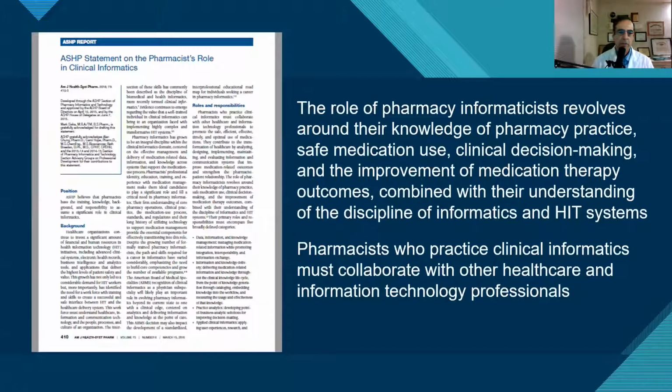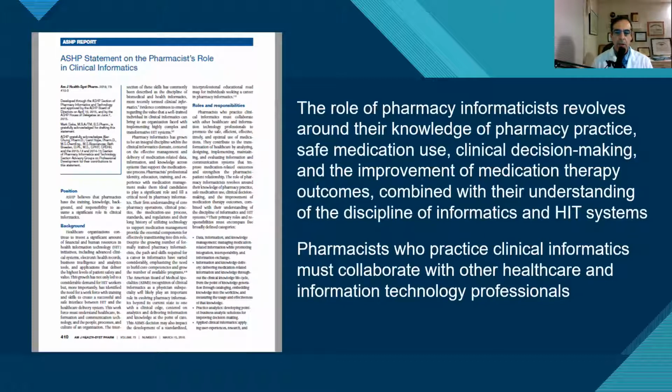A follow-up to this statement was the next ASHP statement that was published, and this was on clinical informatics, so not specifically pharmacy informatics, but the broader area of clinical informatics, which would include, as we talk about health informatics, medicine, nursing, pharmacy, and other disciplines.